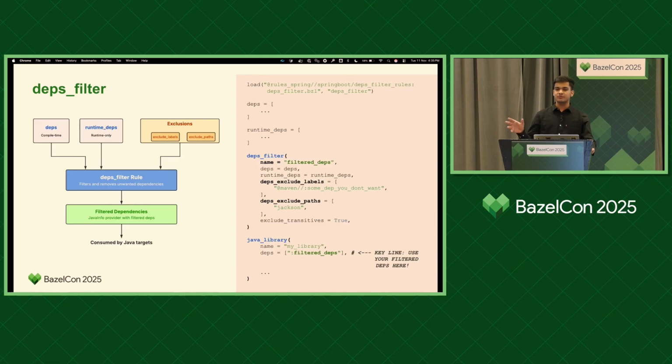It filters out the unwanted elements and returns back a Java info provider which can be consumed by other Java targets. On the right side of the slide, we can see its usage. Filter deps is an instance of deps filter and has the exclusions, and it is referred as a dependency in the Java library target.